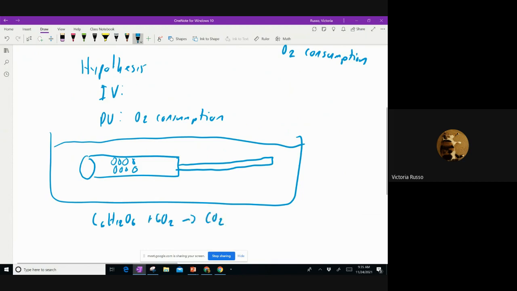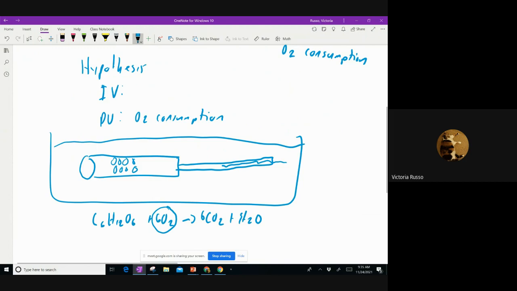As the peas do respiration, again, you should also write some of the things I say, O2 is going to be consumed. So there's oxygen in this vial, and as the peas do respiration, the O2 is going to be consumed, and water is going to move into this vial, into this pipette.